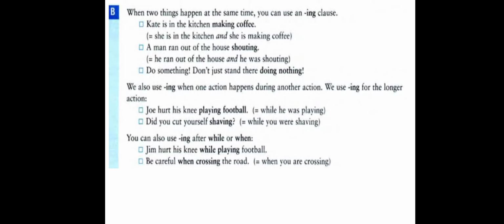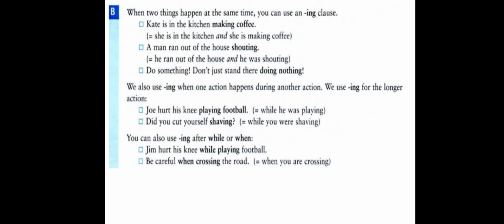You can also use ing after while or when. You can keep the conjunction and cut off the subject and the linking verb. But this also is done when the subject of the main clause is the same subject of the subordinate clause.